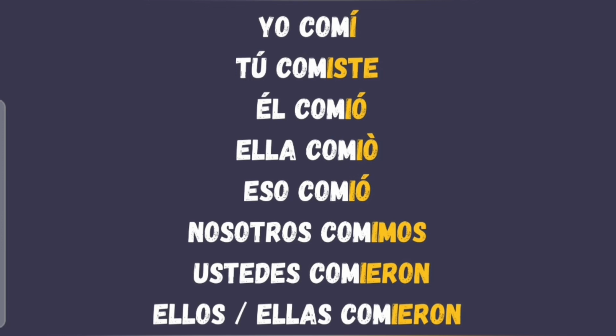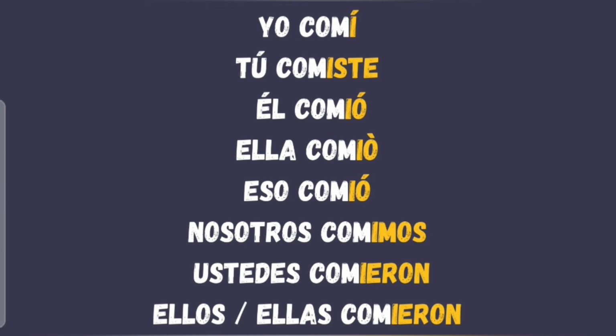Nosotros comimos, okay? Then, ustedes, you in the plural form, in Spanish, ustedes comieron, okay? Ustedes comieron. And then, finally, the personal pronoun they, ellos or ellas in Spanish, okay? Ellos comieron, okay? Has to be the ending. Or ellas comieron, okay?